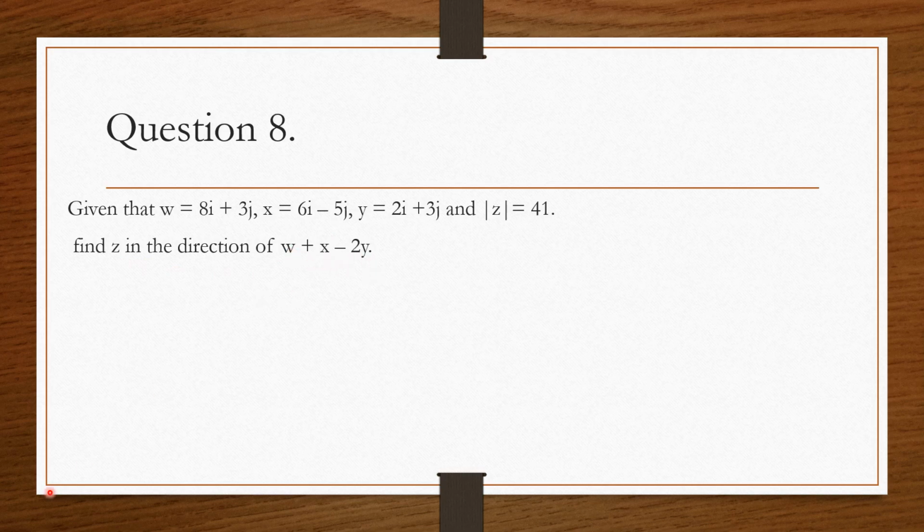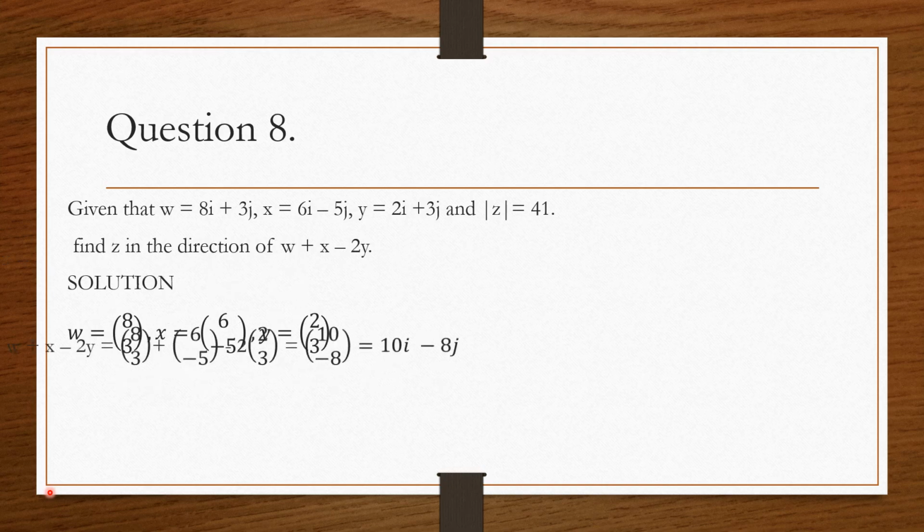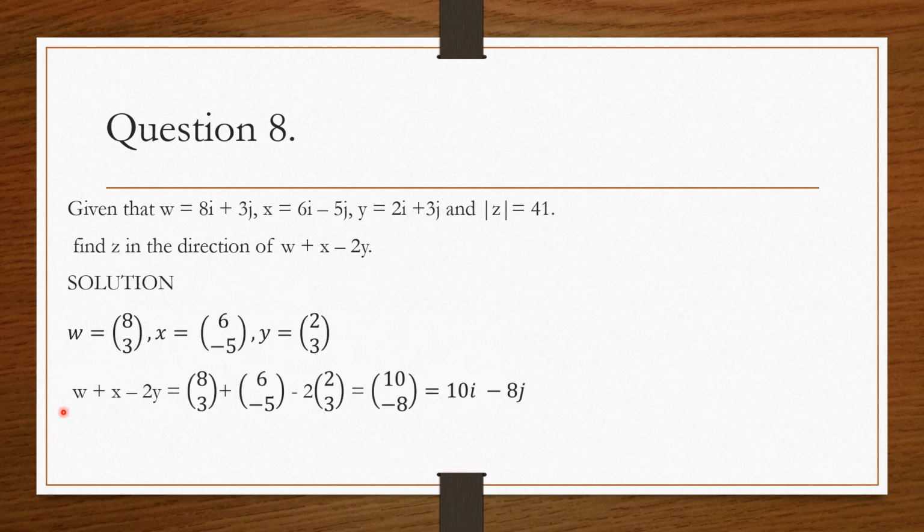So this is how you do it. Okay, so let's now work out our w plus x minus 2y. So this is my w, 8i plus 3j, plus my x is 6i minus 5j. I'm going to multiply y by scalar 2, that is minus 2.